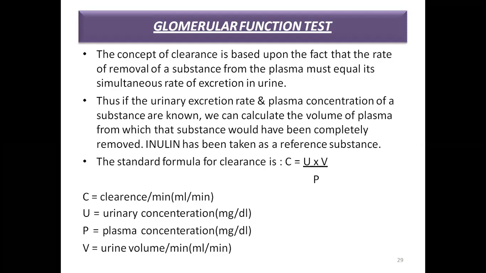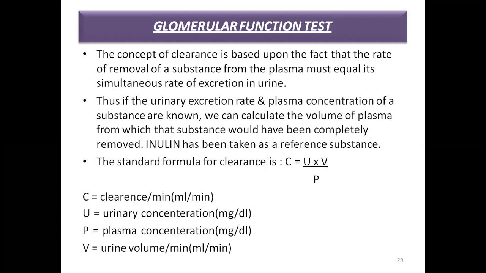The standard clearance formula is C equals U times V divided by P, where C stands for the clearance per minute, U stands for urinary concentration, V stands for the urine volume, and P stands for the plasma concentration.